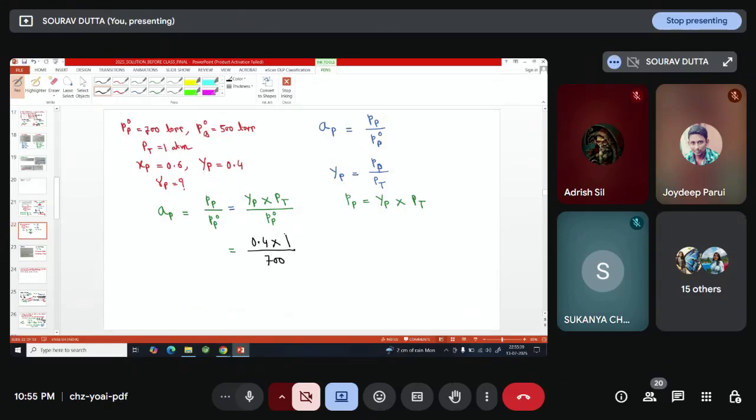Now there is a problem: this is in torr and this is in atm. 1 atm means 760 torr. We have to convert this unit. So 1 atm means 760 torr. Activity is a unitless quantity.